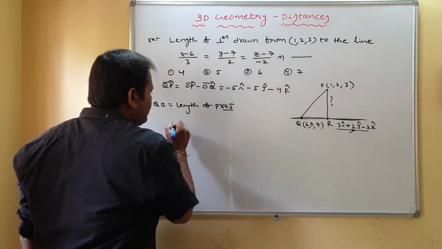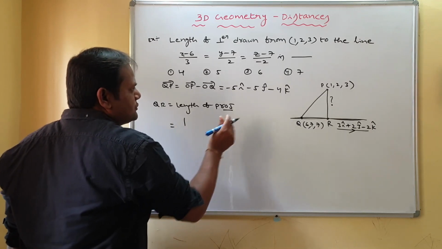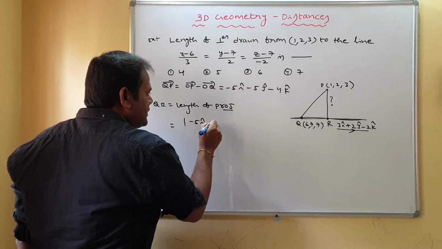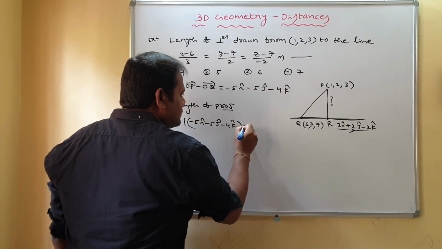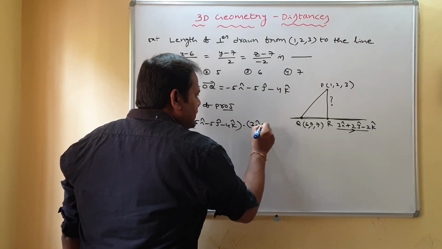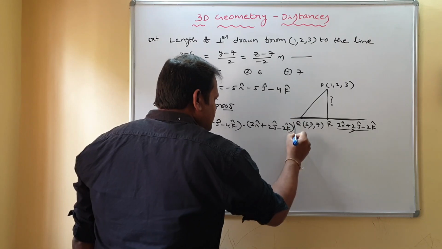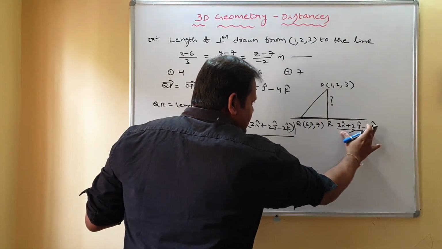You know the formula for projection: mod A bar dot B bar by mod B bar. So this vector dot this vector, that is minus 5 i cap minus 5 j cap minus 4 k cap dot 3 i cap 2 j cap minus 2 k cap, by mod B bar.